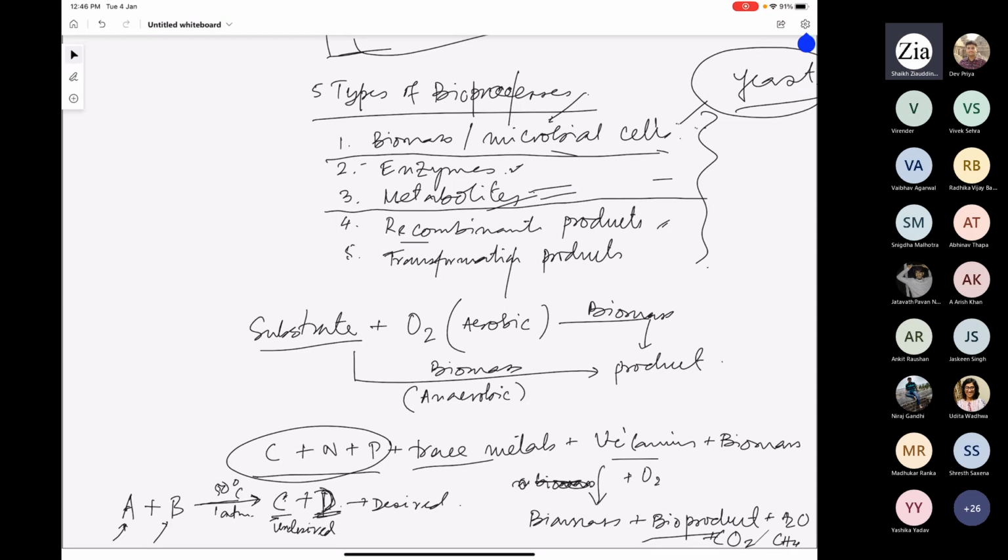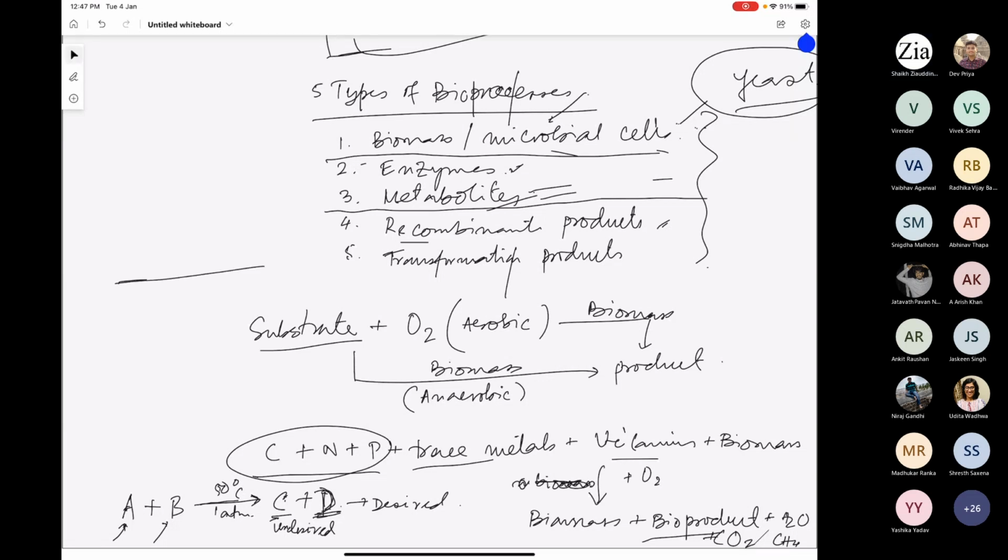That is actually percentage recovery. So theoretical and experimental values can be compared, and then you can get the maximum possible production.